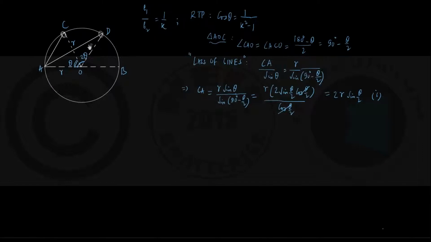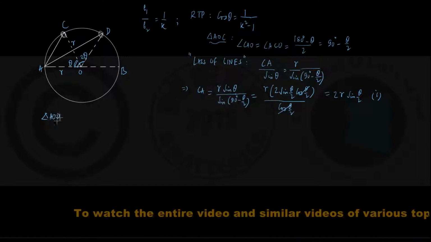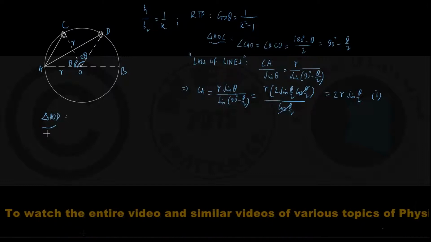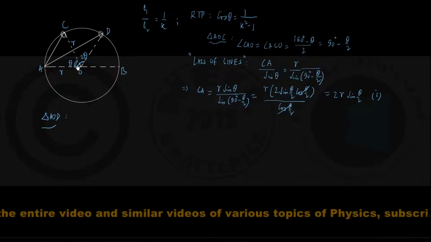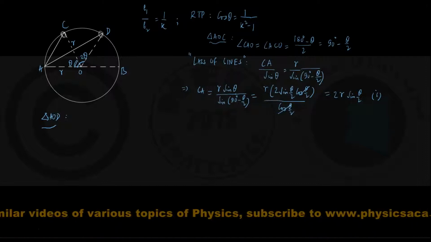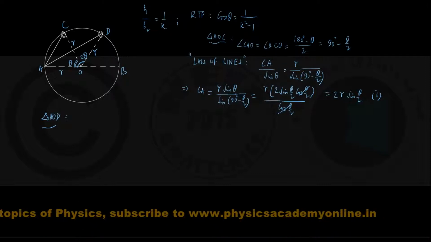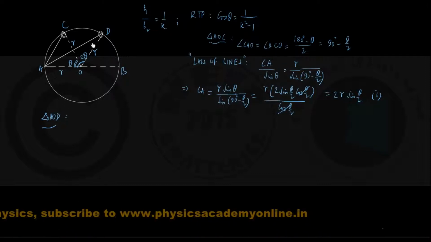In a similar way, let us find out the length of this chord DA. This time we consider the triangle AOD. Here this angle AOD is equal to 2 theta, and once again the length OA and the length OD, these two sides, have the same length equal to the radius of this circle. Therefore, the triangle AOD is also an isosceles triangle having these two angles equal.